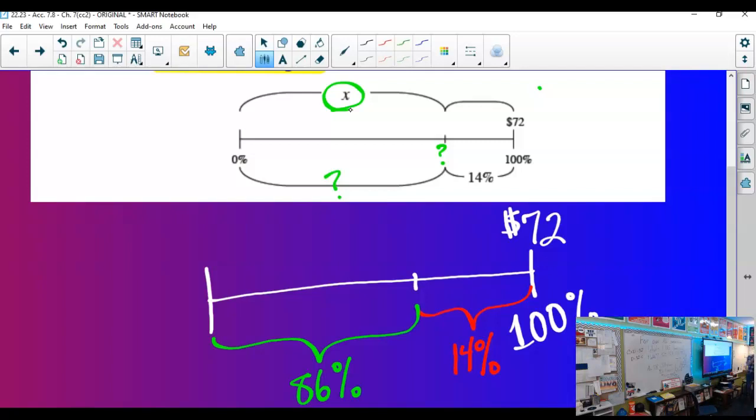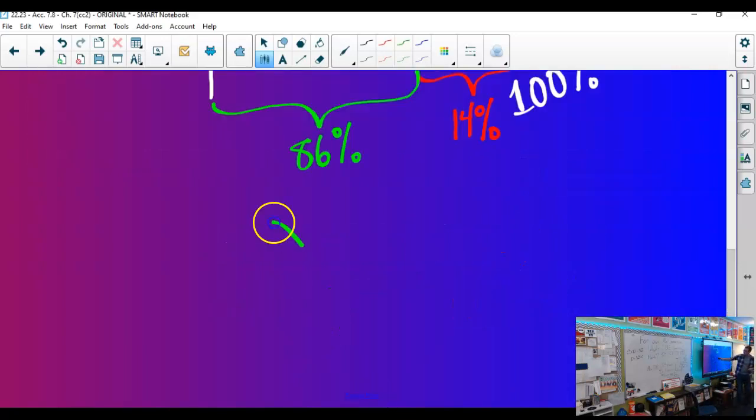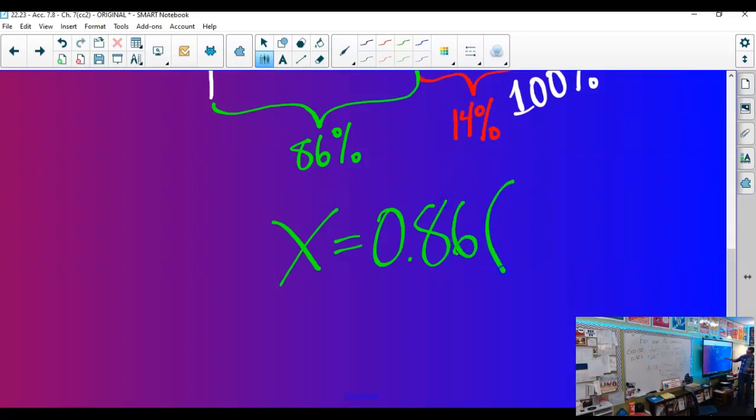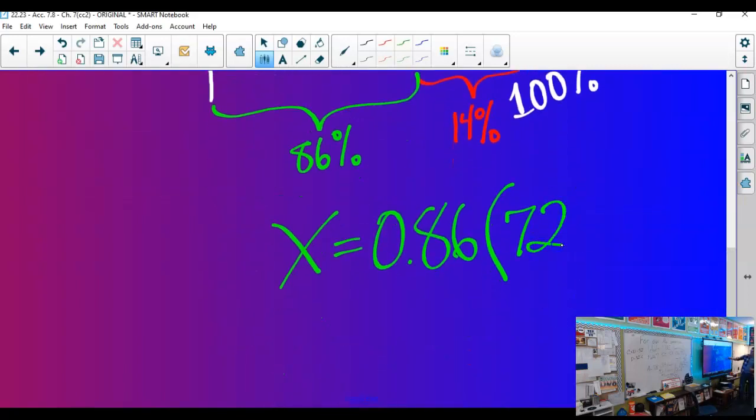But here we could just say x is, and again, if you have a calculator, 0.86 times 72. So this is one that we've already been told. We could do 0.86 times 72 in our calculator.